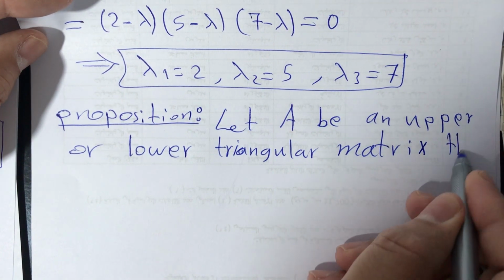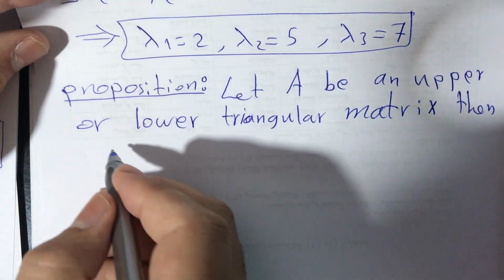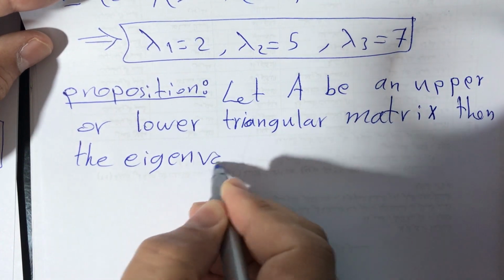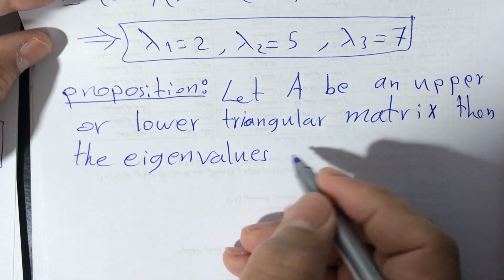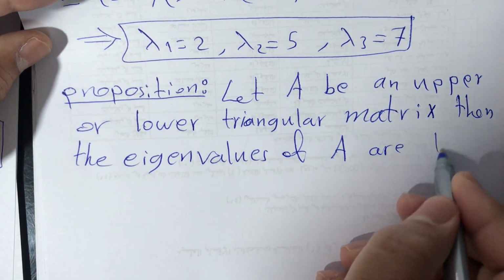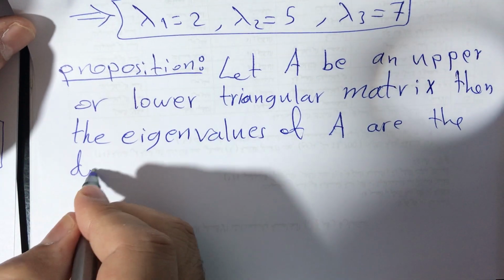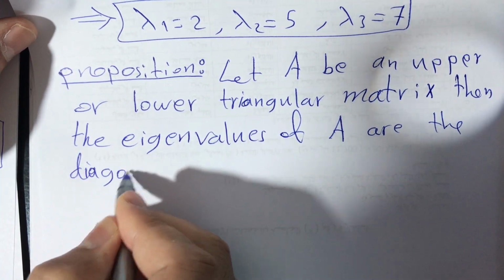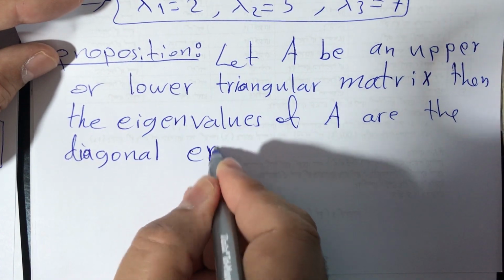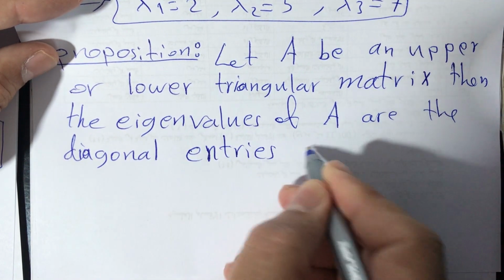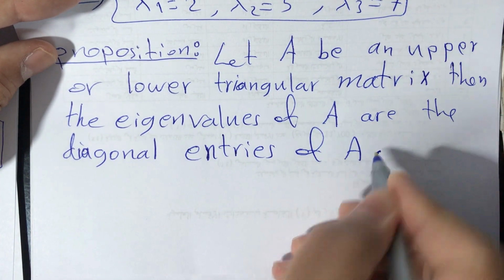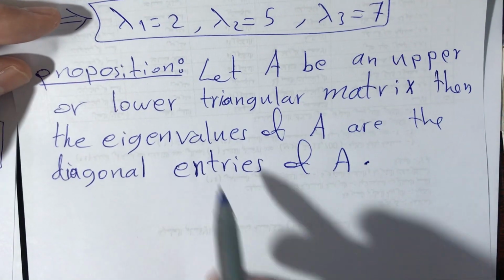Then the eigenvalues of A are the diagonal entries of A. Now this is without proof.